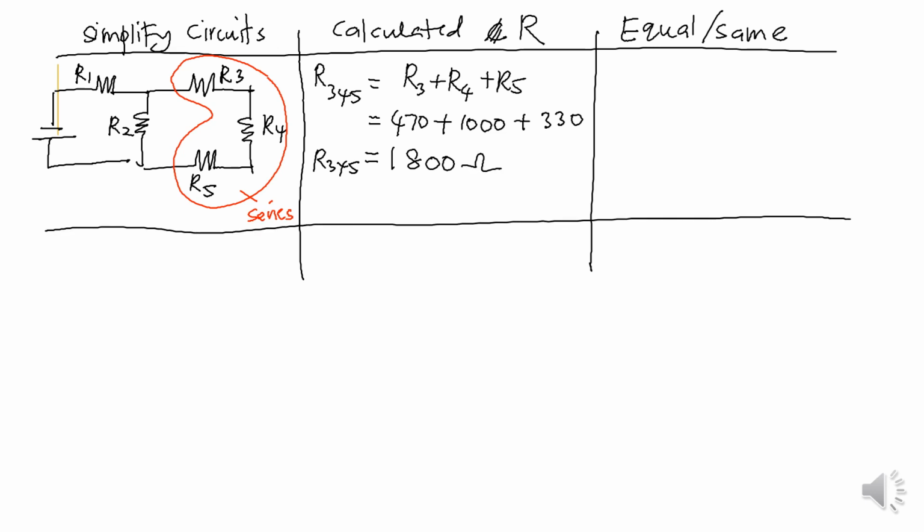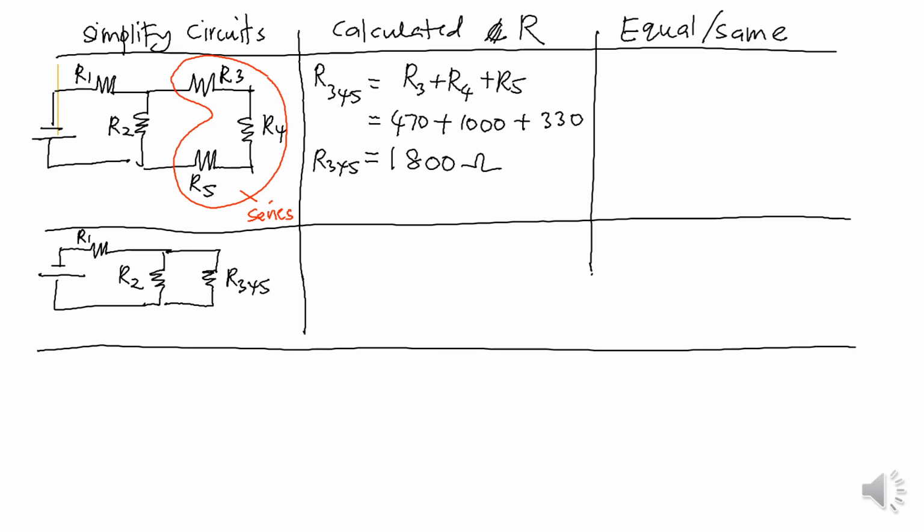Okay, so kita lukis balik litar yang telah diringkaskan. So awak akan dapat begini. Okay, ini R1, still R1, R2 and R345. Okay, and then kita selesaikan ini pula. Okay, disambung secara parallel.